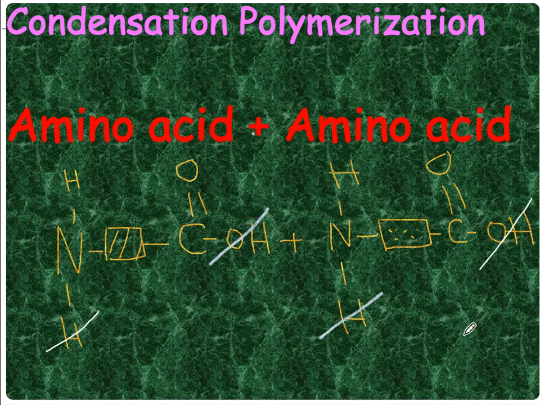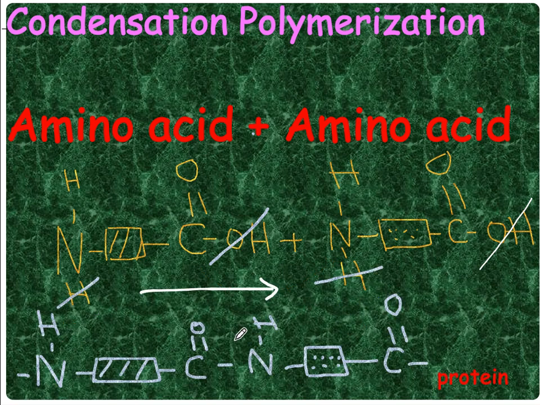So we're going to remove the hydrogen here with the OH to remove one water, and the hydrogen here will be removed with the OH. Then the carbon will bond with the nitrogen to form a protein.